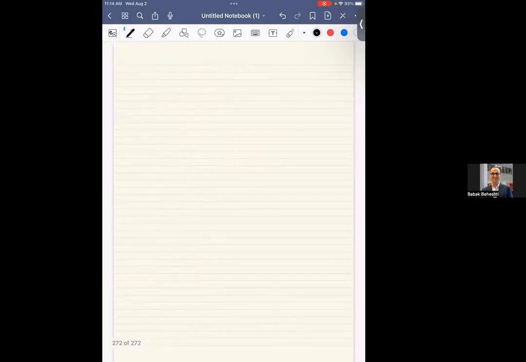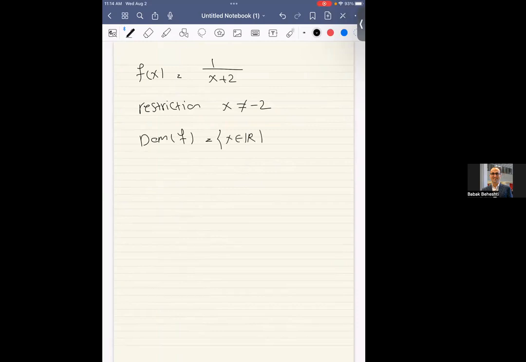What if you have f of x equal to 1 over x plus 2 or 1 over x minus 3? Exactly the same logic. So the only restriction is x cannot be equal to -2. So the domain would be all real numbers except -2.